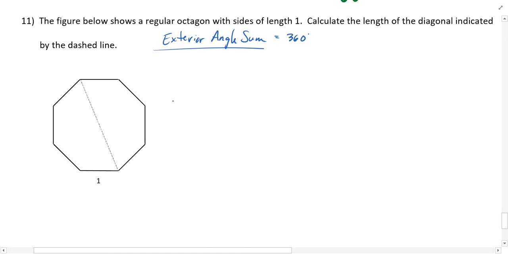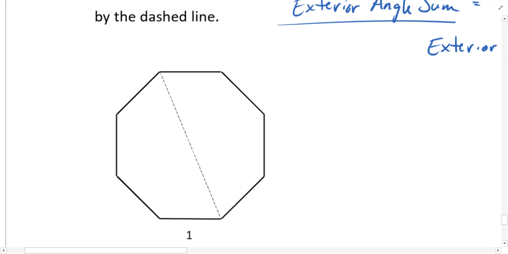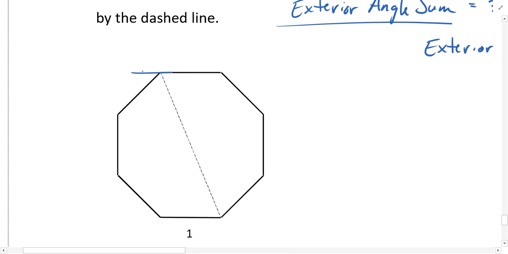Now that's particularly helpful for us because in this octagon, an 8-sided figure, we know that the exterior angle of a regular octagon is going to be 45 degrees. So this angle, for example, is 45 degrees. So by extension, it stands to reason that this angle in red is 135 degrees, as is any interior angle of this regular octagon.